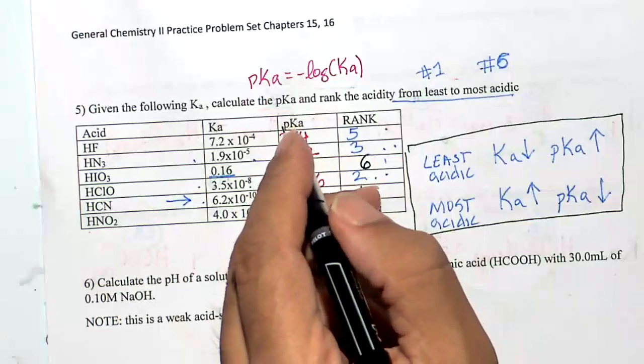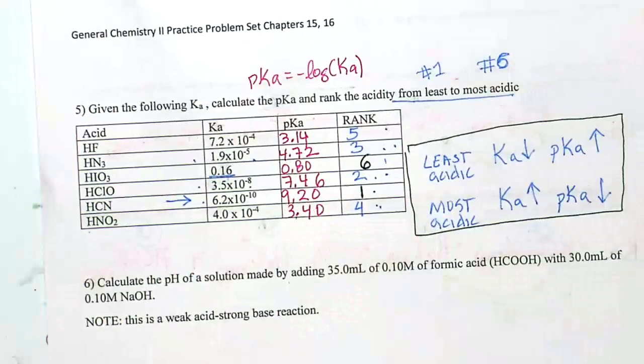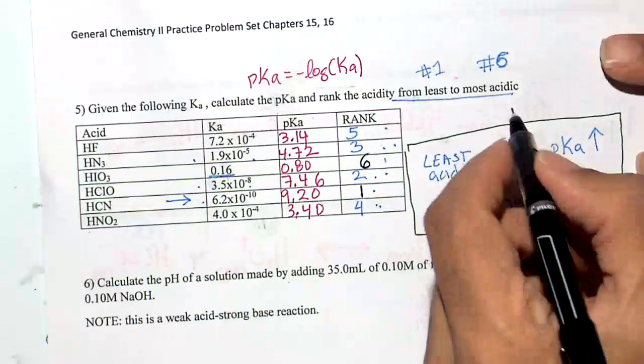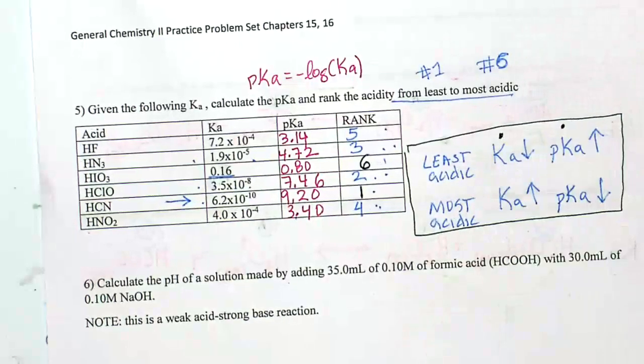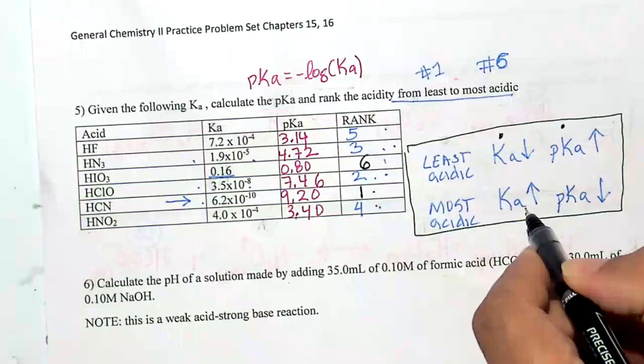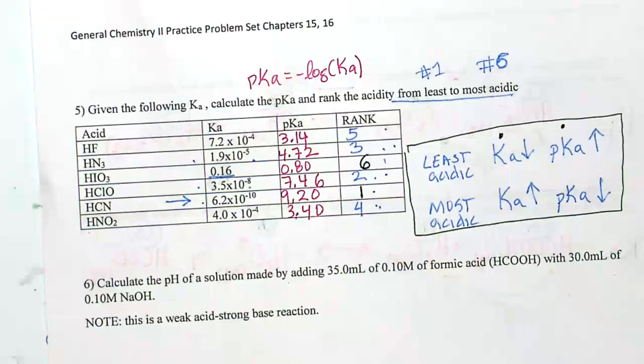Then you rank them according to Kas or pKas. Does this make sense? Something like this on the exam, you'll either rank them according to the Kas or according to the pKas. Either is fine.